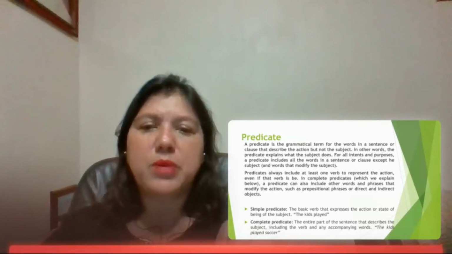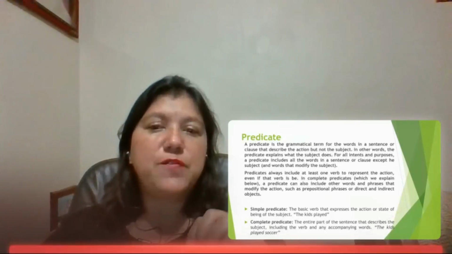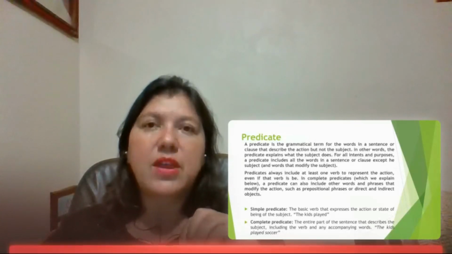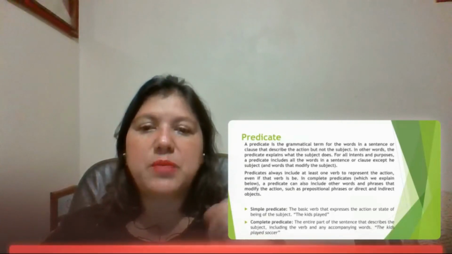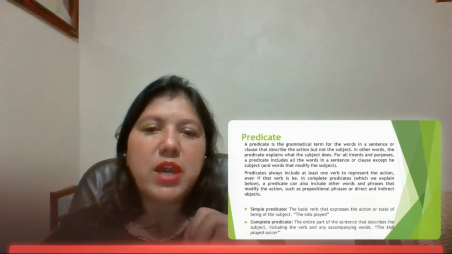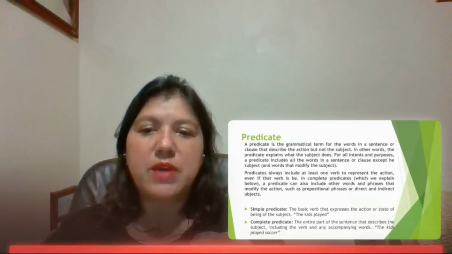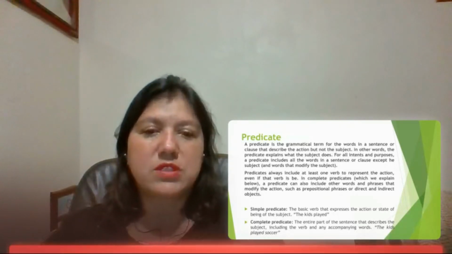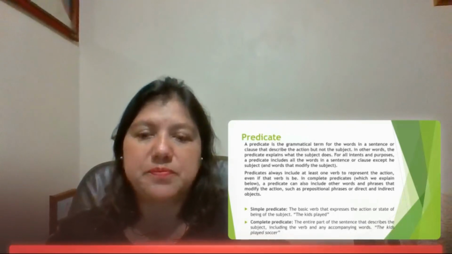I have the simple predicate, the basic verb that expresses the action or state of being of the subject. Example: the kids played. Complete predicate, the entire part of the sentence that describes the subject, including the verb and any accompanying words. For example, the kids played soccer.